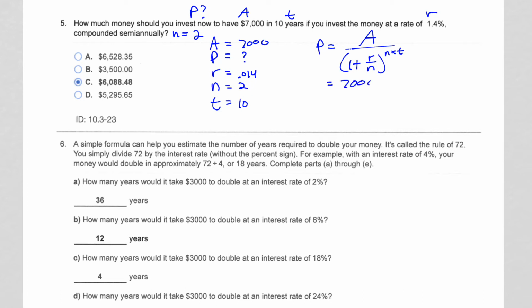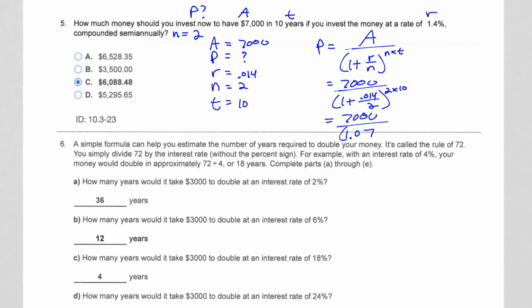Which means we're going to put 7,000 over 1 plus 0.014 divided by 2. That's 0.007, I believe.